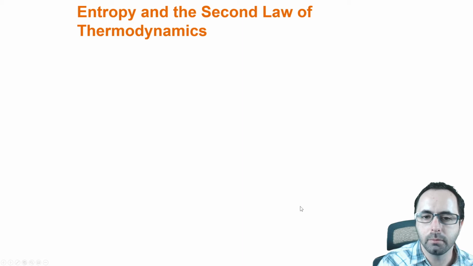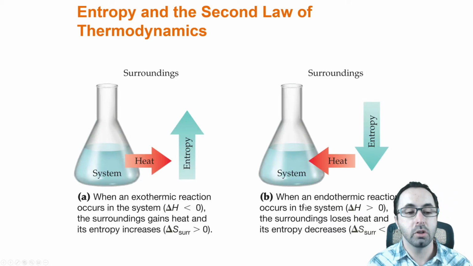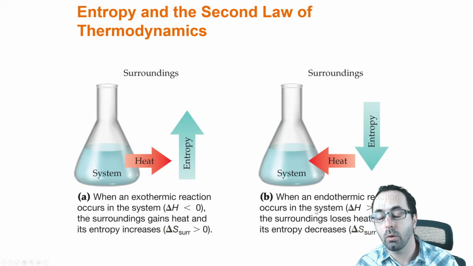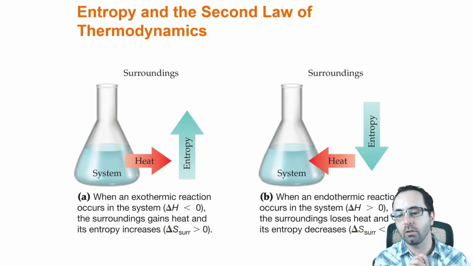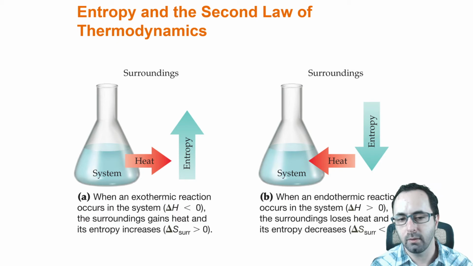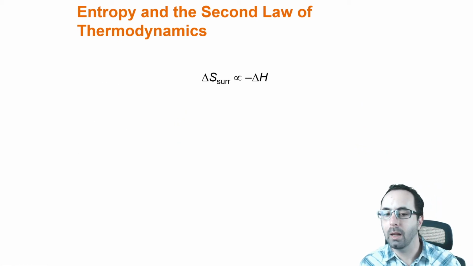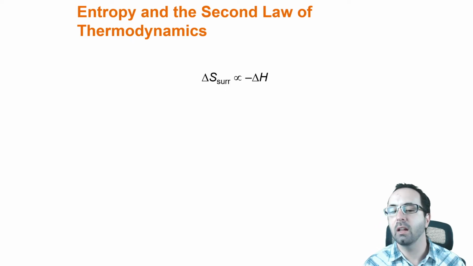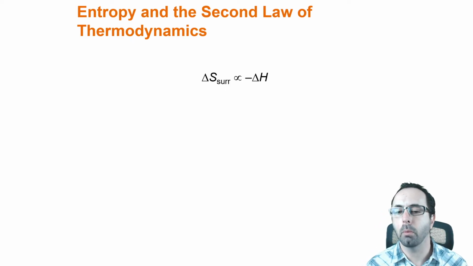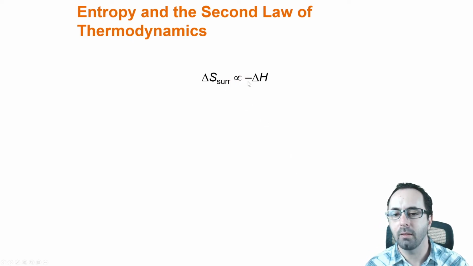So now, remember, to know if a reaction is going to be spontaneous, we have to know about the change in entropy not only for the reaction, but also for the surroundings. Okay. So in terms of the surroundings, the change in entropy of the surroundings is proportional to that. So this means the negative of the delta H.